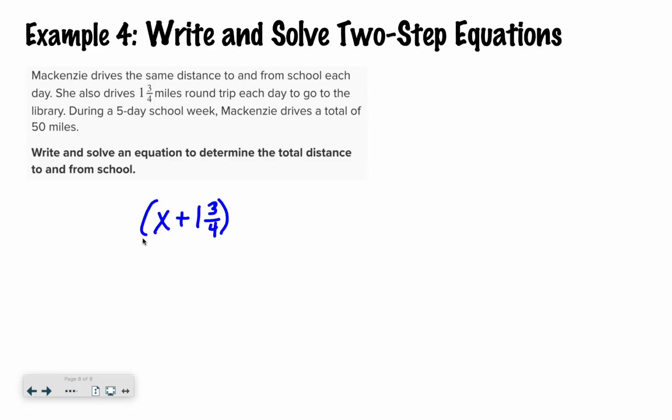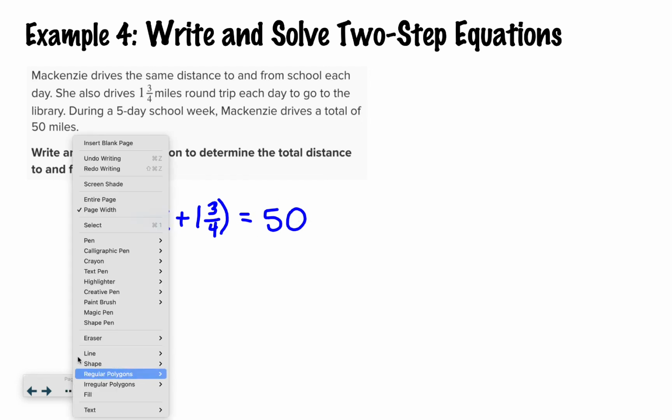And then that she's doing that combined 5 days a week for school. And we know that it totals 50 miles. So that's how you would write an equation. Okay, so you would say the unknown distance plus the distance to the library times 5 days a week equals the total. So that's how we would write that out.